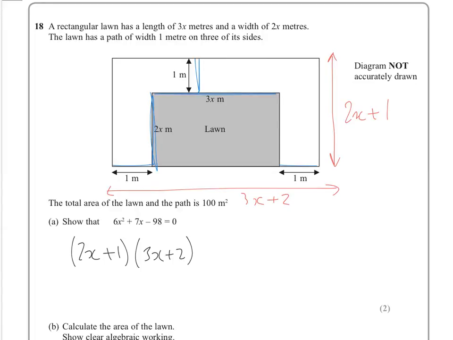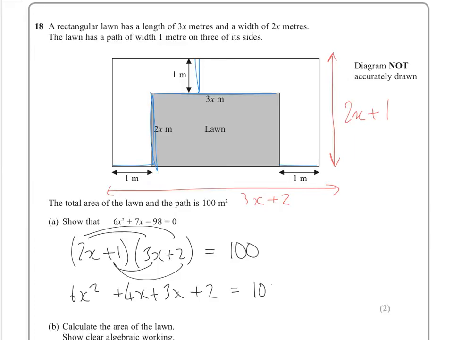I know that the area of the lawn and the path is 100 metres squared. Multiplying out the left-hand side, 6x squared plus 4x plus 3x plus 2 equals 100.